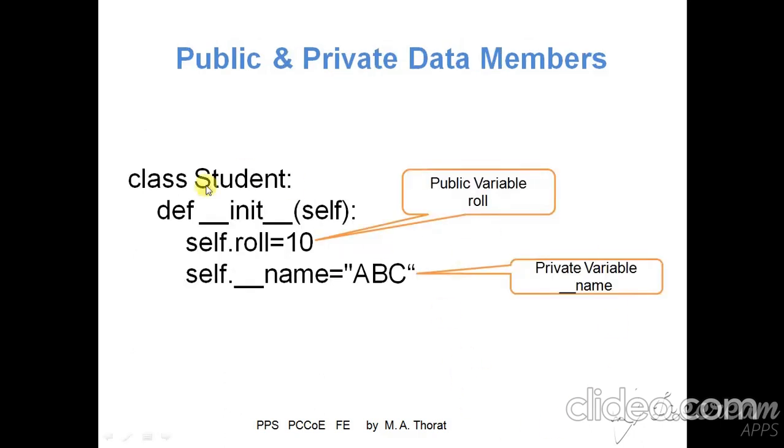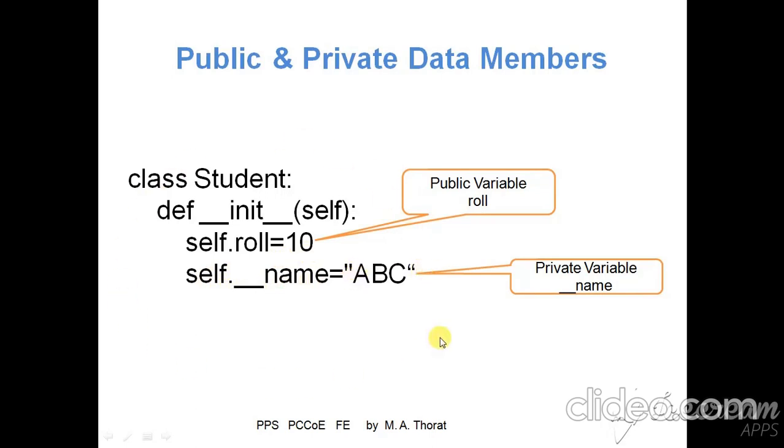In this example, class student is defined, and in that class one init method is defined. In this init method, two variables are defined: self.roll equal to 10 and self.__name equal to ABC.